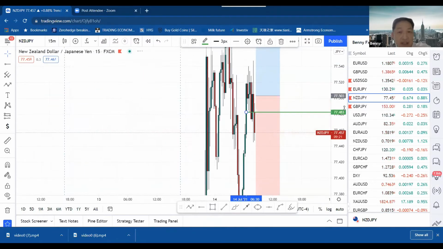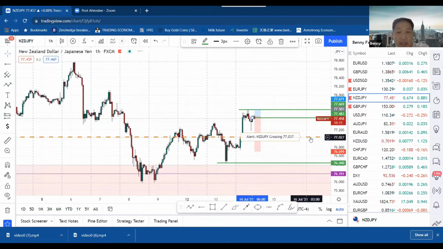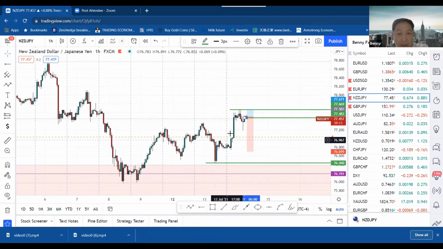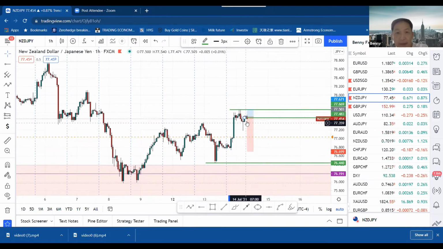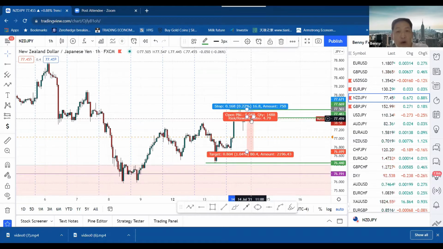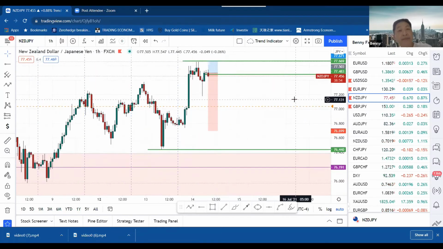Well, my analysis is from the 1 hour time frame, right? So where's the target? Well, my target is going to be filling this gap, which is at least 77, and then potentially this trap order, right? So I get in here. So now you can see that our risk reward is very good, right? 1:4 if the price can come all the way here. Can you follow me, guys?